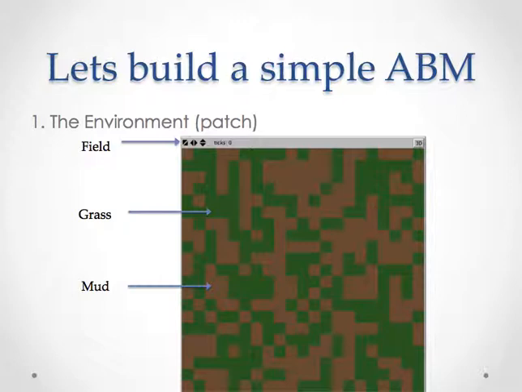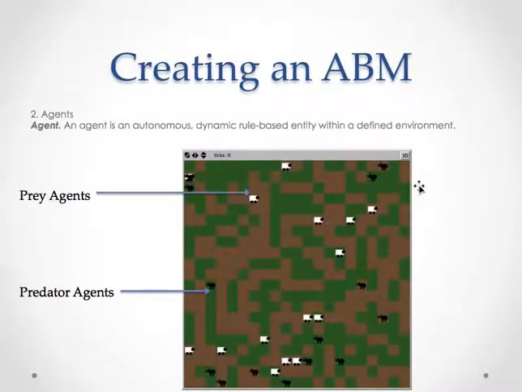It's just a field, and in this field, green squares represent grass, and brown squares represent mud. Once you've got an environment, you need to add the agents. We've got two types of agents here: these little sheep, which are called prey agents, and these little wolves, which are called predator agents.